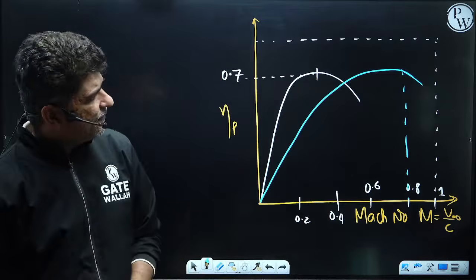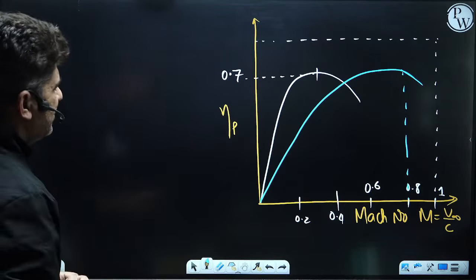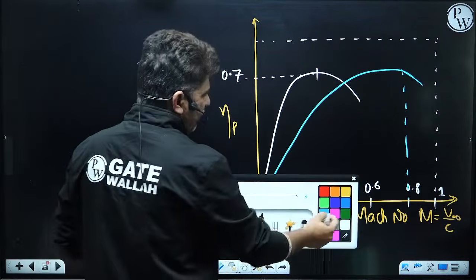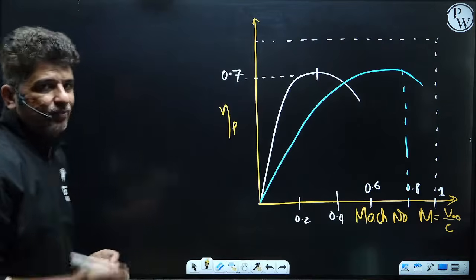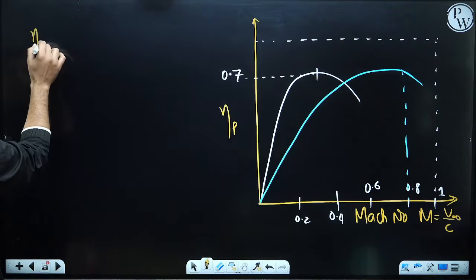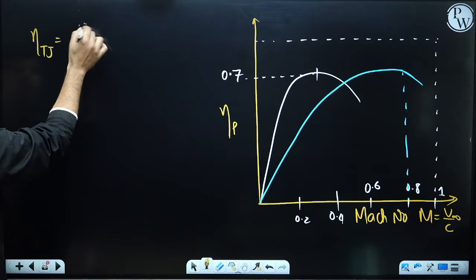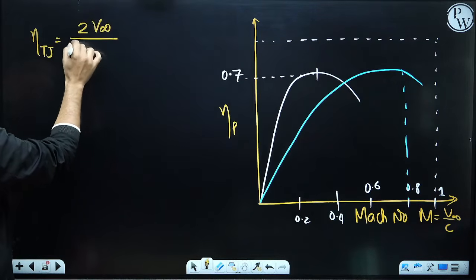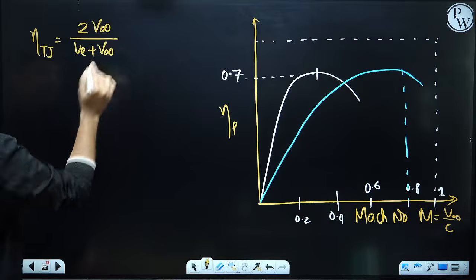And finally, for a turbojet engine, the efficiency would be 2 into V infinity divided by V exit plus V infinity.